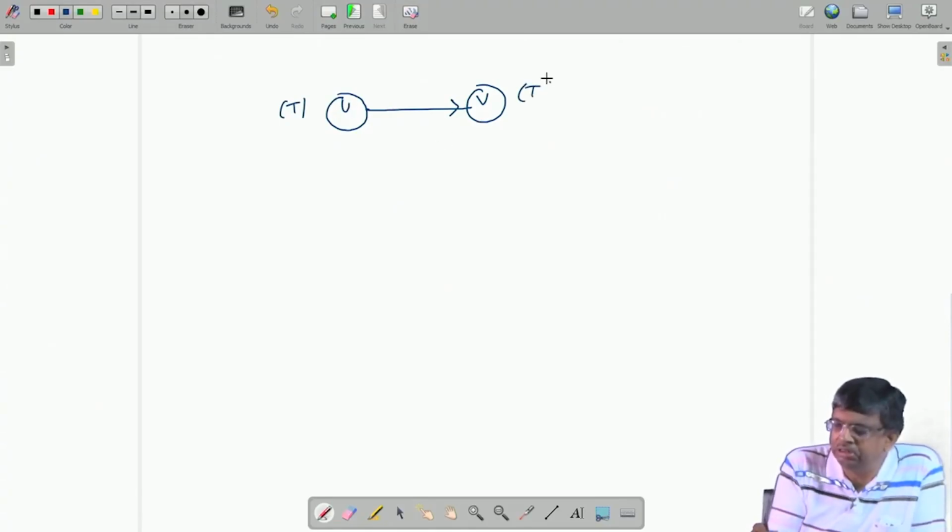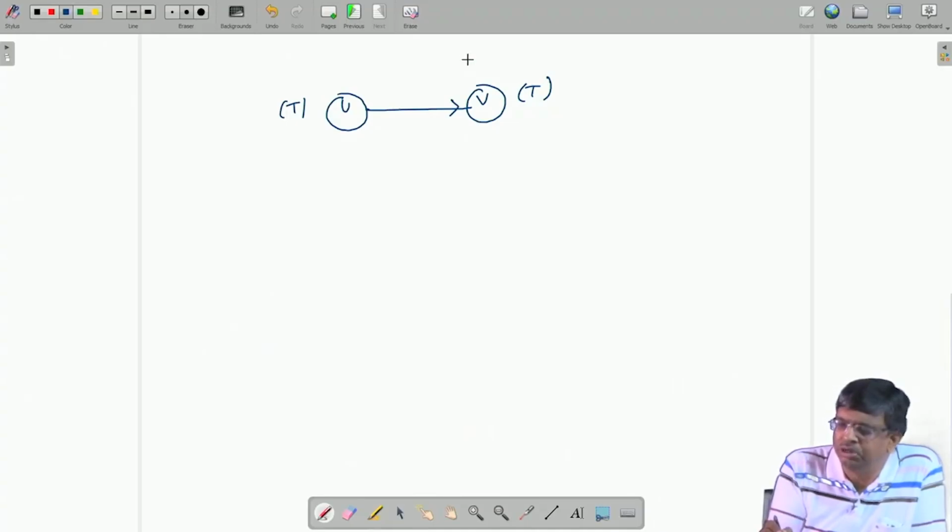So the critical path is t plus t, 2t, because in every cycle you first have to carry out this job, taking t time. In the same cycle you have to send it here, and it has to work on this job for another t, so the total is 2t, and only then can you send another data. So 2t is the critical path, you cannot have a clock period shorter than 2t.